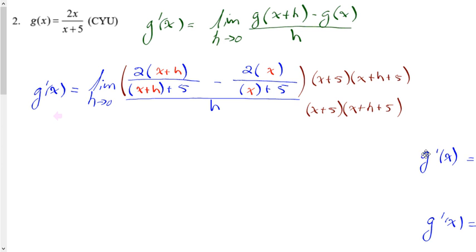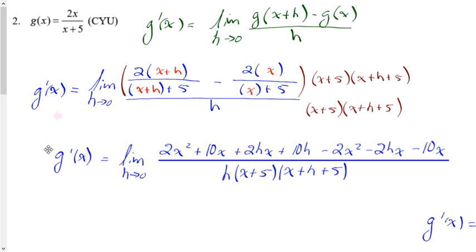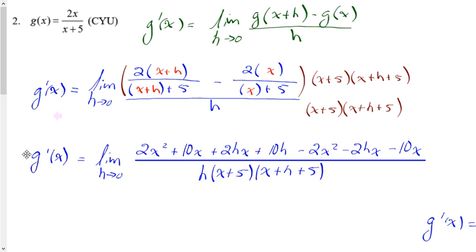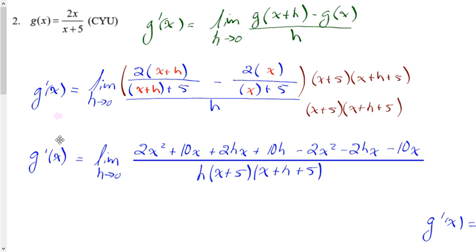When I do that, here's what I get once I do that expansion. I haven't shown all the details there, but when I take this deep red part and multiply it to this first expression, the x plus h plus 5's cancel out, and I have an x plus h times an x plus 5 times the 2.